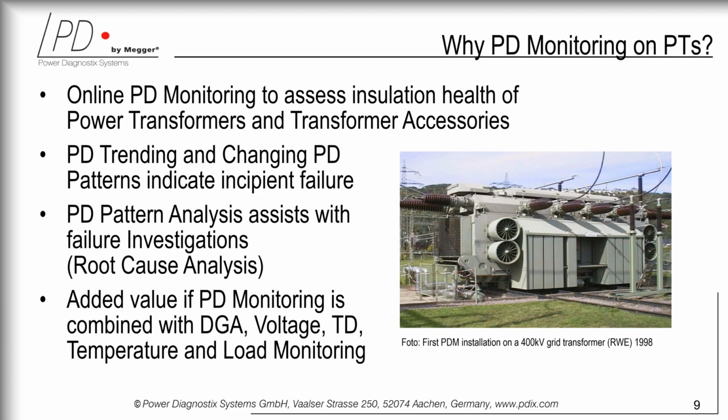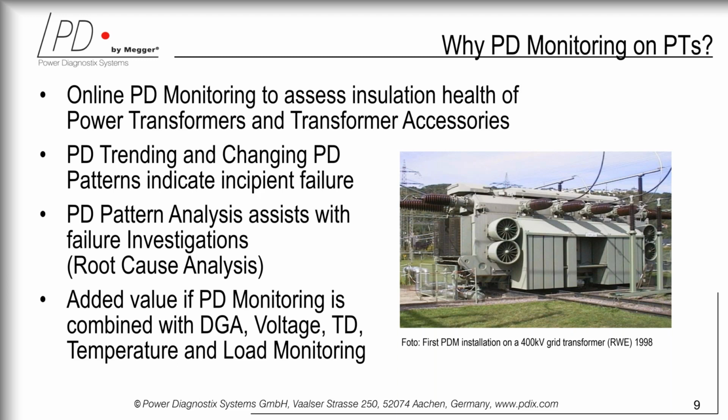But for instance, if somebody installs a DGA device, the dissolved gas analysis will only show things after a while. With partial discharge monitoring, things can be shown even earlier. So there is a discussion. Of course, it depends on how much money people want to spend on that transformer or monitoring that transformer.